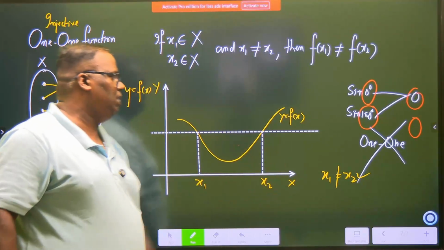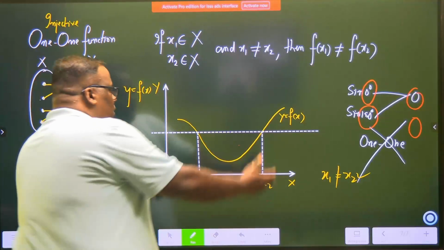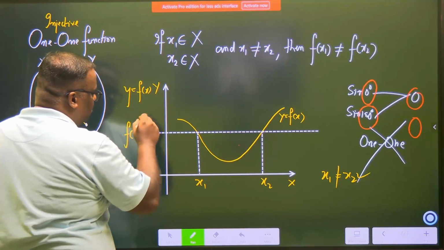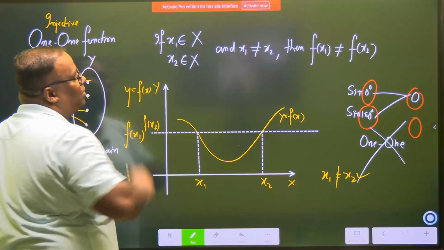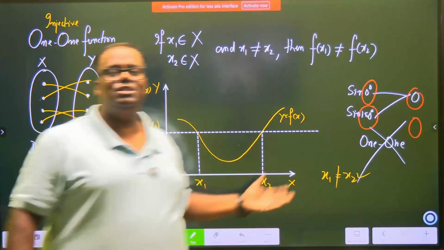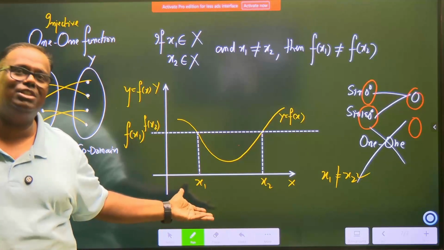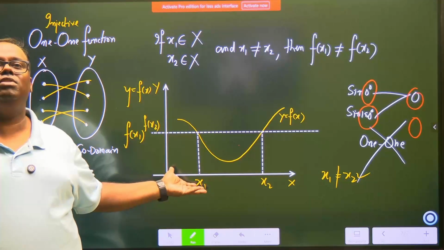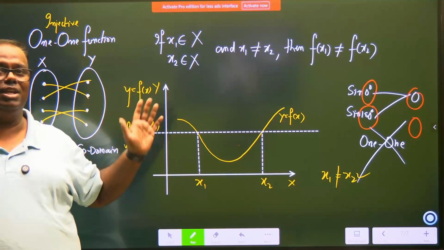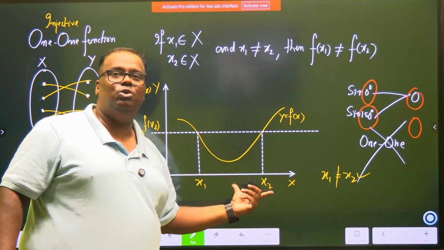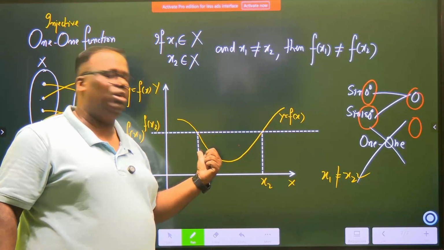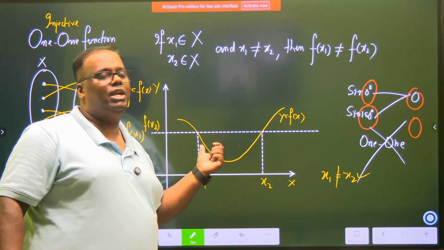Yes, they belong to X. But both of them are giving the same value. f(x1) is coming equal to f(x2). This is not a 1-1 function. Injective नहीं है, function है लेकिन injective नहीं है. For two distinct inputs, you are getting the same output.